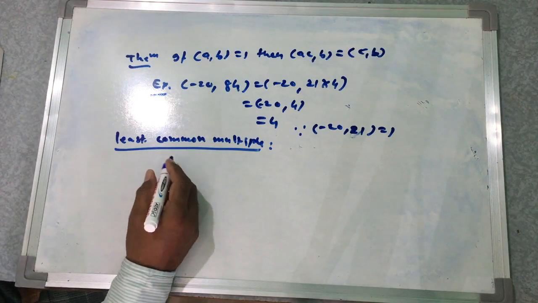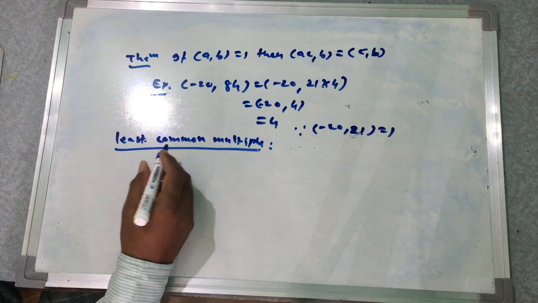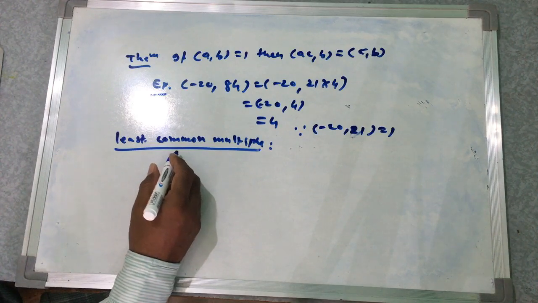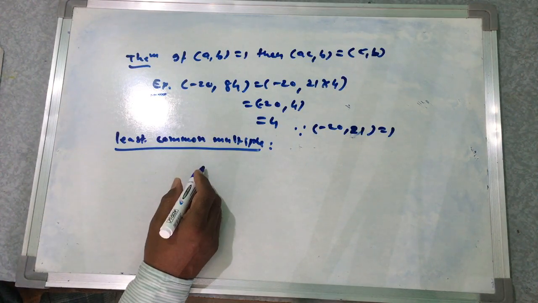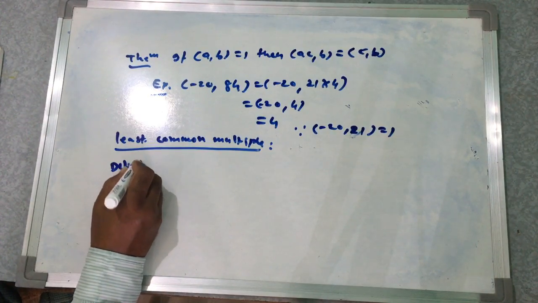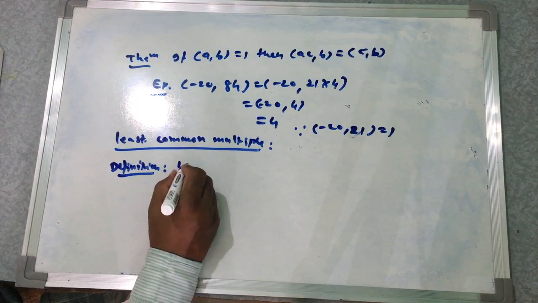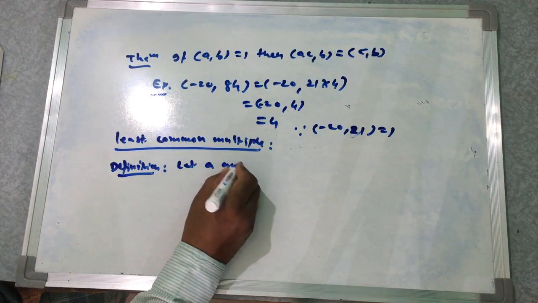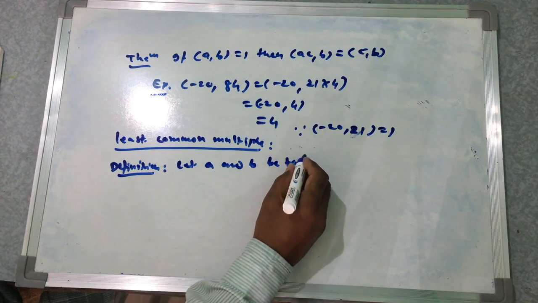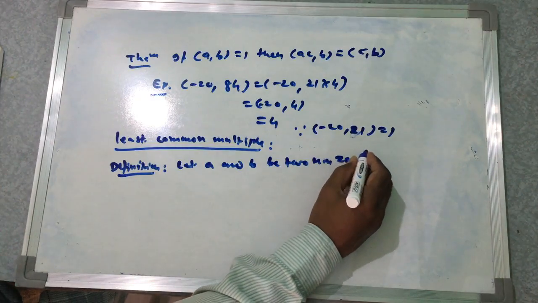There is another concept parallel to this GCD: the least common multiple of two or more integers which are all different from 0. So here the definition: let a and b be two non-zero integers.